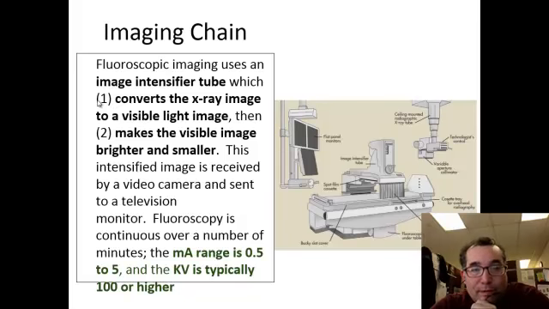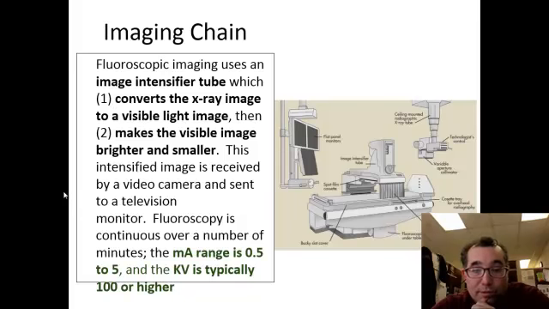At the same time, just based on its design, this image that is visible, right, it's going to show up on a monitor, is going to be brighter and a little bit smaller, right? So the intensified image is going to be received by what's known as a video camera, so it could be sent to a monitor, right? And it could also be sent to a computer that can be storing images in a digital manner.